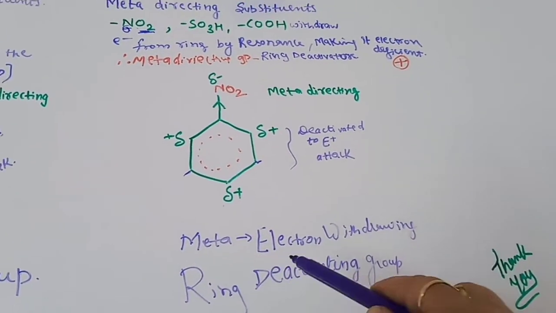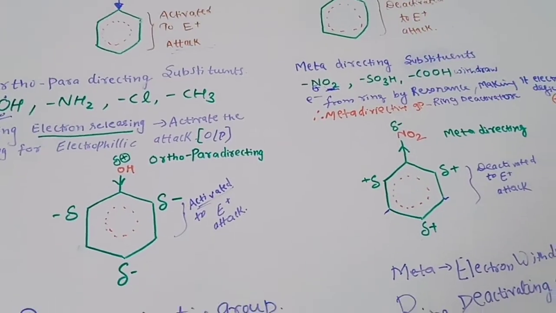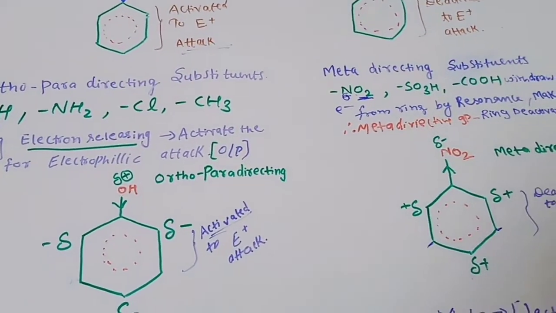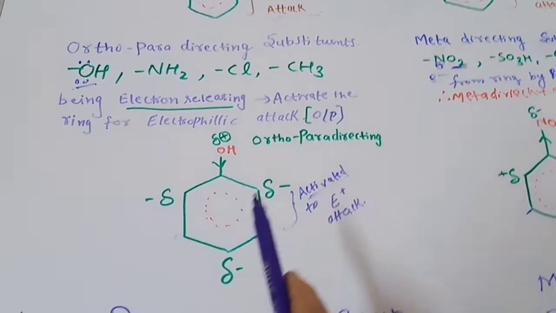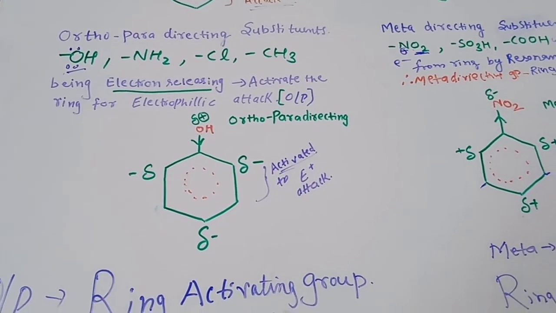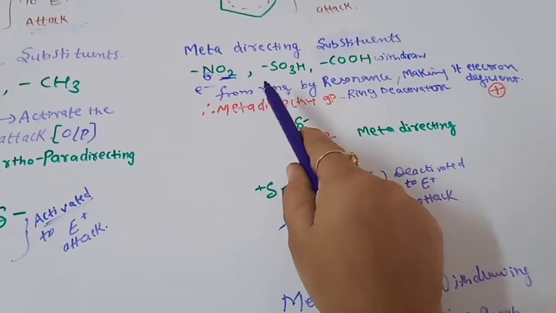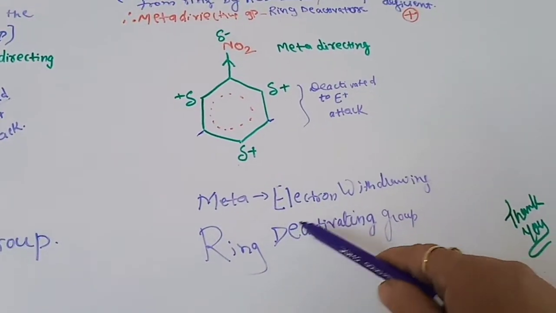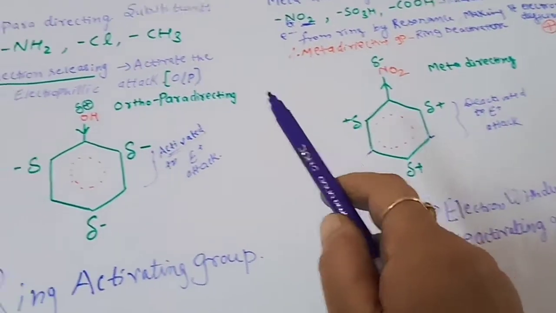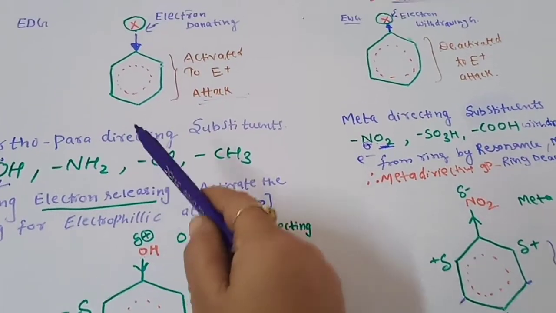So in this video we have studied our ortho and para directing groups and our meta directing groups. Ortho and para directing groups are ring activating groups. They will activate the ring for the electrophilic substitution reactions, and the meta directing groups will deactivate the ring for the electrophilic substitution reactions. Ortho and para groups supply electrons to the benzene ring.